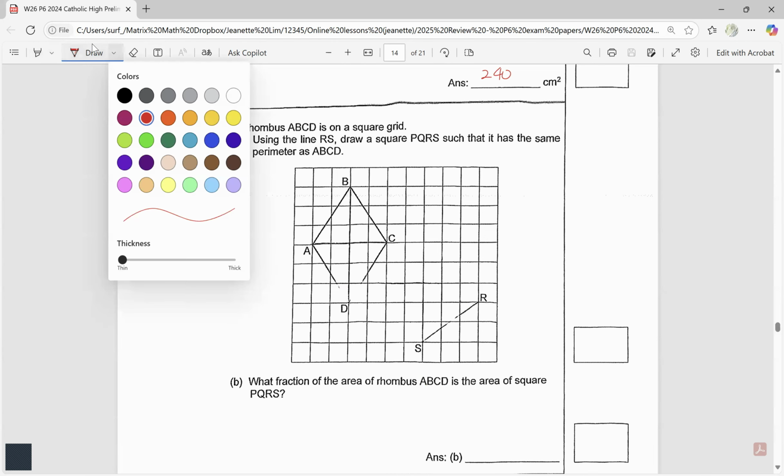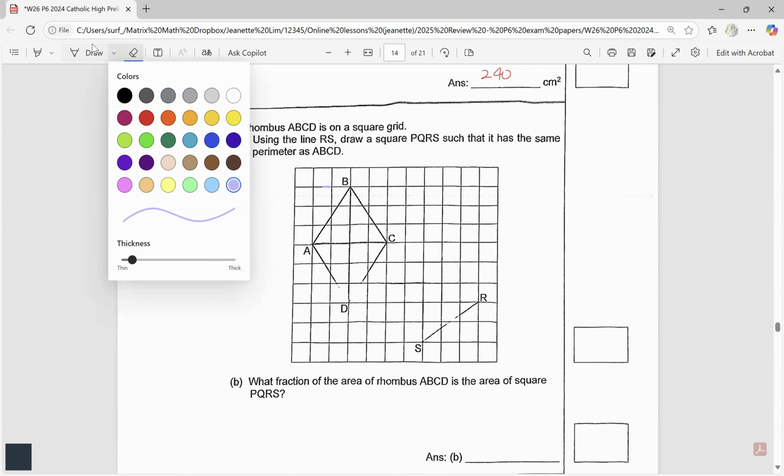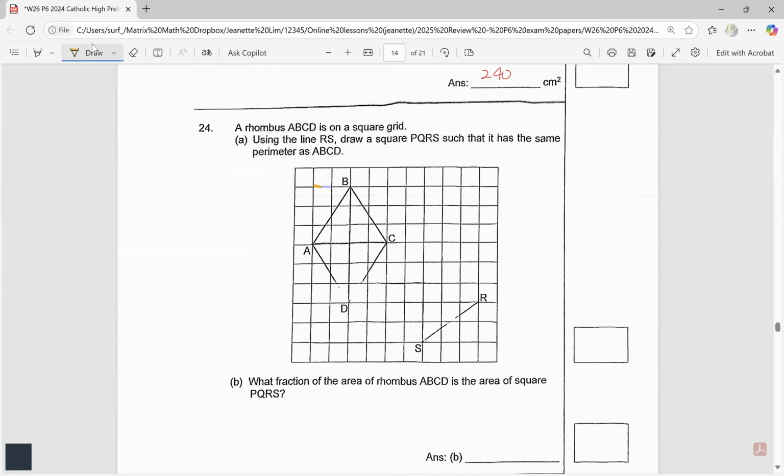So when you want to compare the length of a line, look at the line AB.